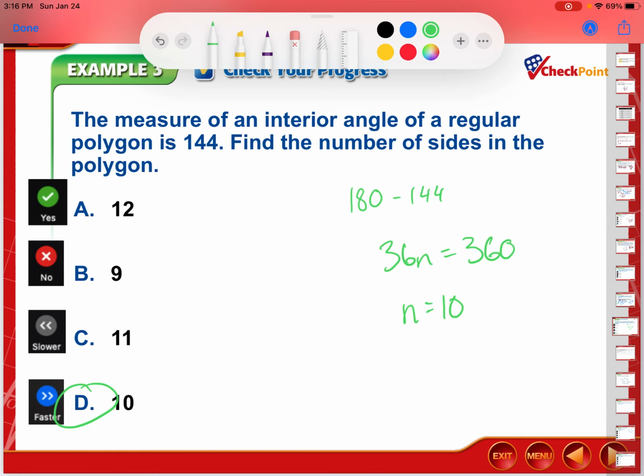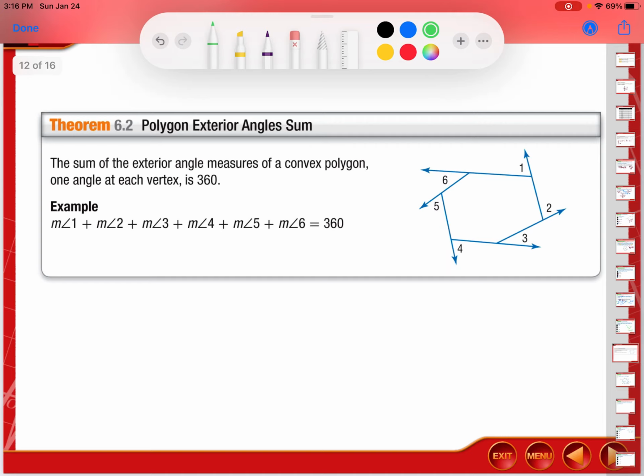Now, if we wanted to double check that super fast, we would say 10 minus 2 is 8, times 180 equals 1440, divided by 10, because it's a 10-sided figure. We get 144 for each interior angle, which is of course what we started with, so the world is all happy and pure.